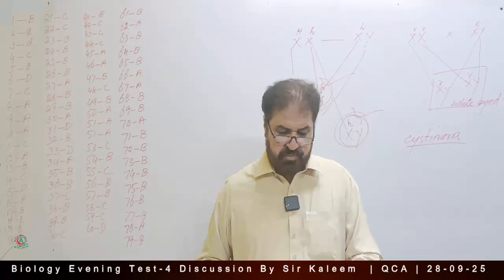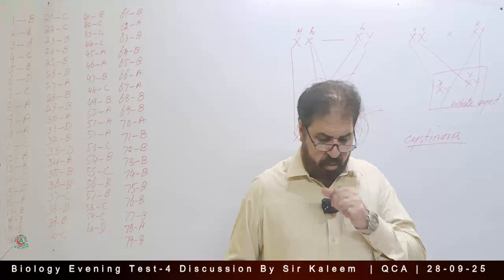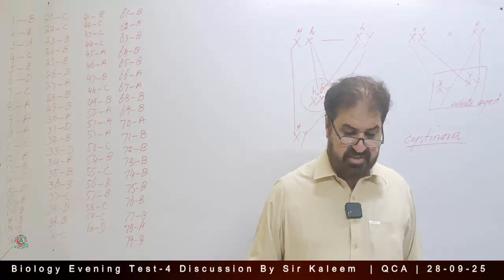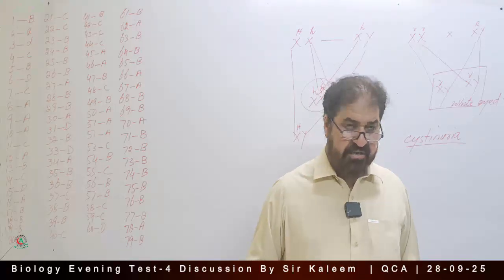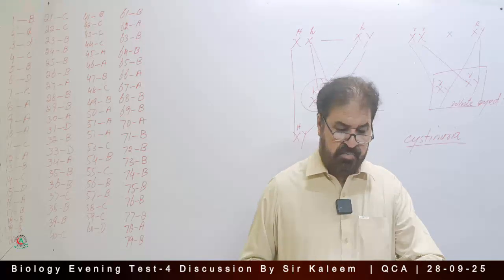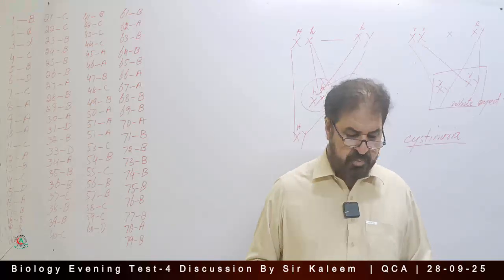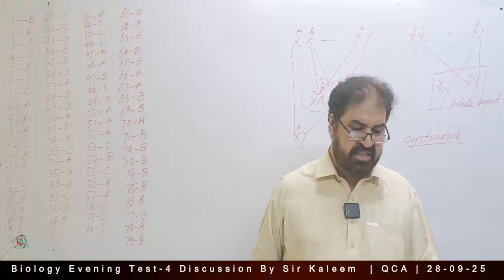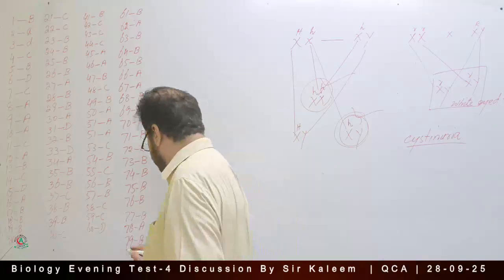Monoclonal antibodies are produced from hybridoma cells. Hybridoma cells consist of cancerous B cells and immune spleen cells from the mouse, which produce specific antibodies known as monoclonal antibodies. So option B is correct.